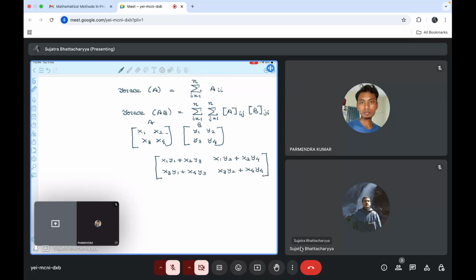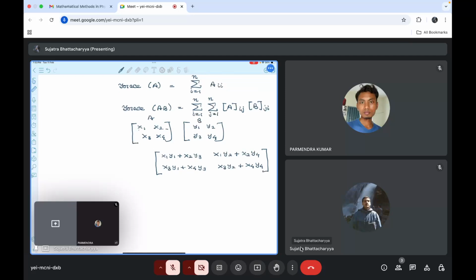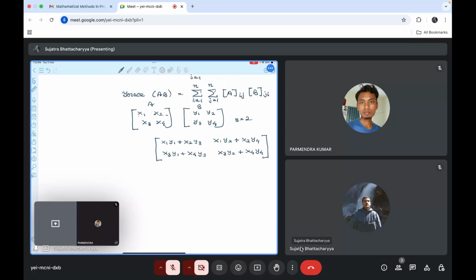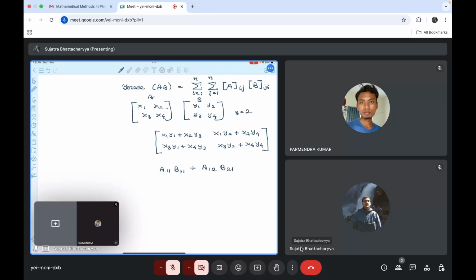Fine. Now put it here. See, i is equal to 1, and j will go from 1 to 2 because n is equal to 2 in both cases. So you have a11 b11 plus, with i still 1 and j becoming 2, a12 b21.